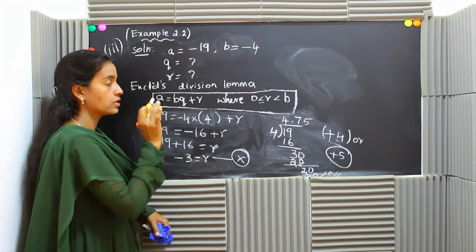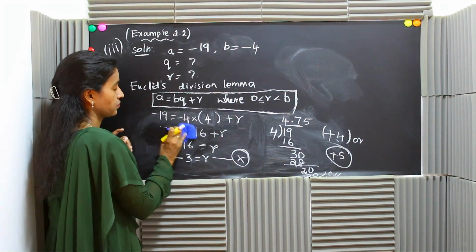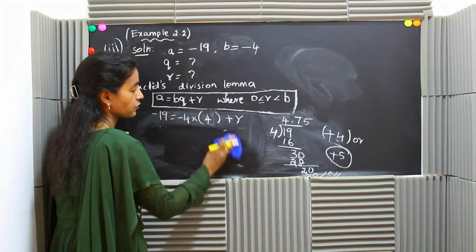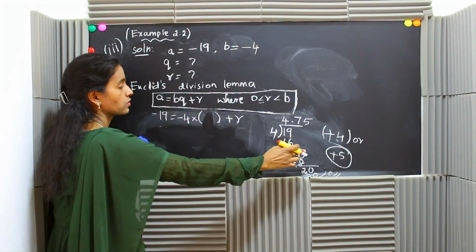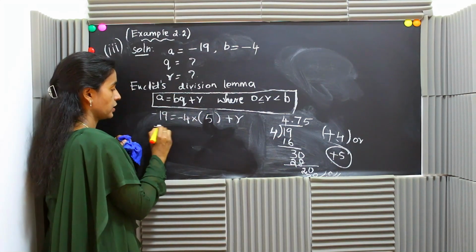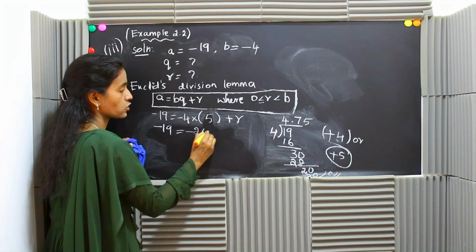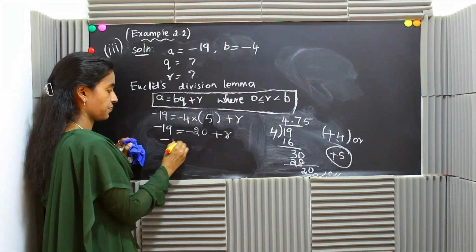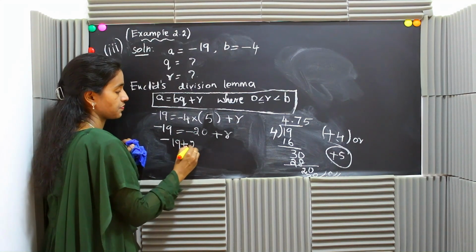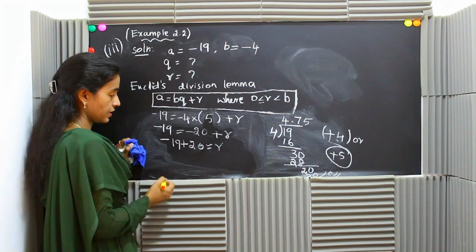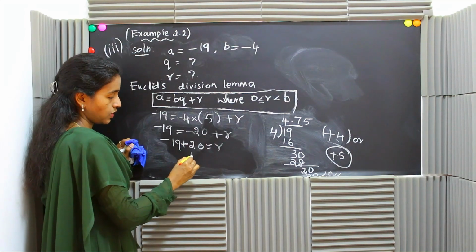I have to apply 5 for the quotient next. In this formula I am applying the values. Q is plus 5, minus 19 equals minus 4 into 5, minus 20, plus R. If I take minus 20 to this side, it becomes plus 20 equals R. Then minus 19 plus 20 value is 1, right?